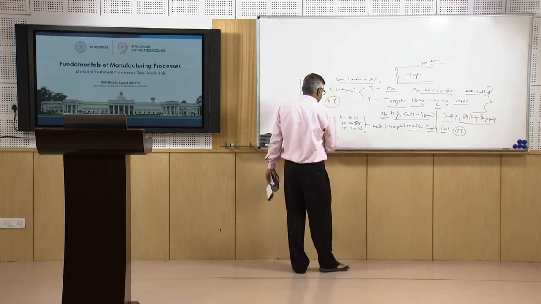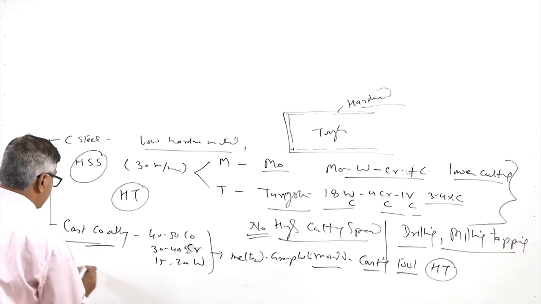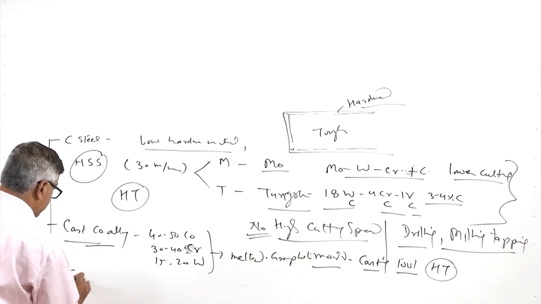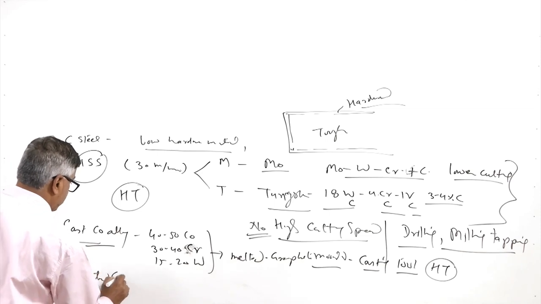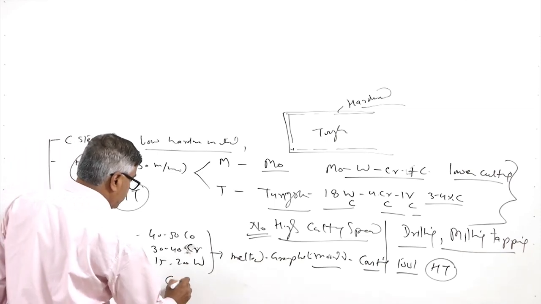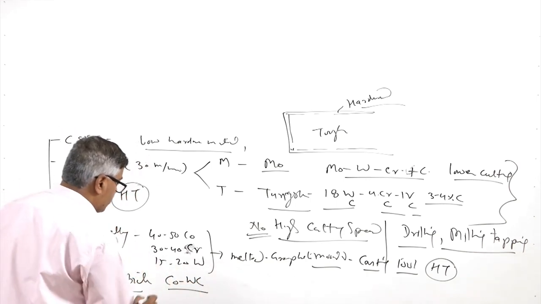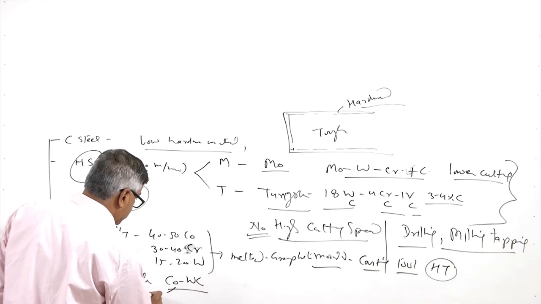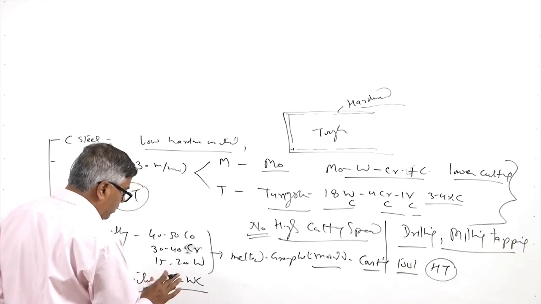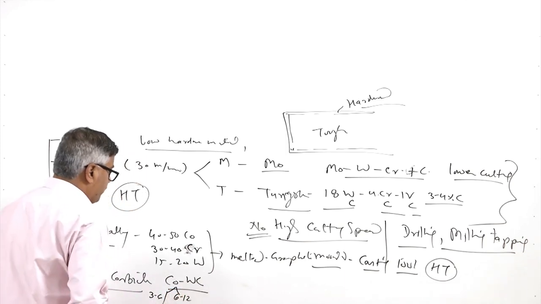Cast cobalt alloys are found somewhat between compared to the cemented carbide. If we talk of the cemented carbide, tools are basically the cobalt tungsten carbide. These are the two main constituents, wherein the cobalt concentration may vary 3 to 6% in the low cobalt category, and in the high cobalt category it may be 6 to 12%.